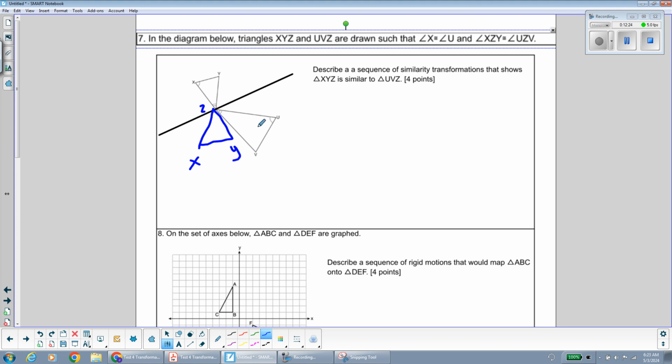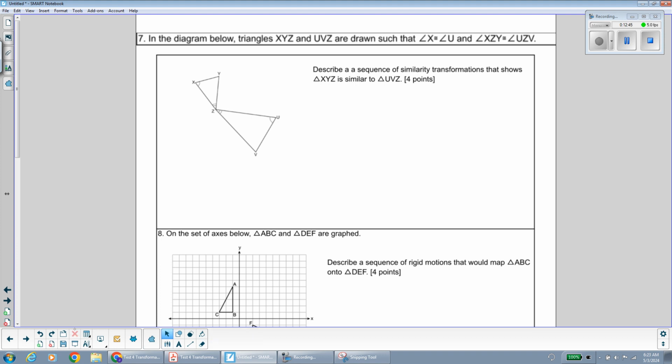So then, if you slightly turn it, x would match up to v, but x needs to match up to u. Y would match up to u, but y needs to match up to v. So a reflection wouldn't in itself make it have the correct orientation, and that's why a reflection was not the correct answer here. So we are going to be rotating and dilating.